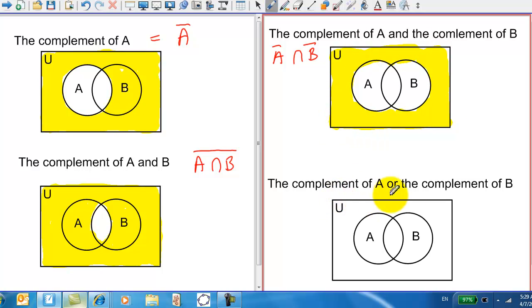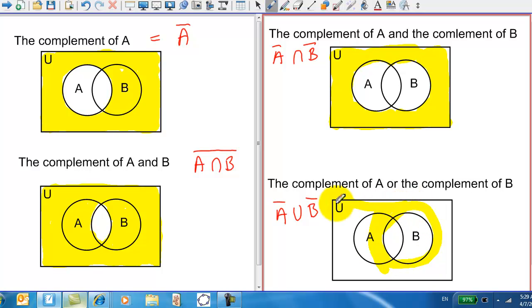Notice here now, the complement of A or the complement of B, denoted by complement of A union complement of B. Now look at the complement of A, that's all this, and imagine the complement of B. And if you unite them and take either one in either set, then you get this. Because here's the complement of B, right?